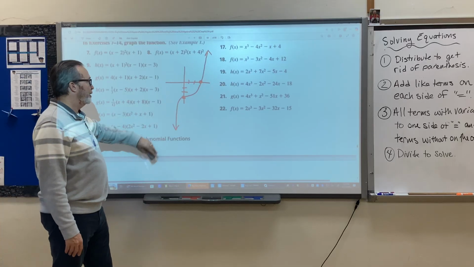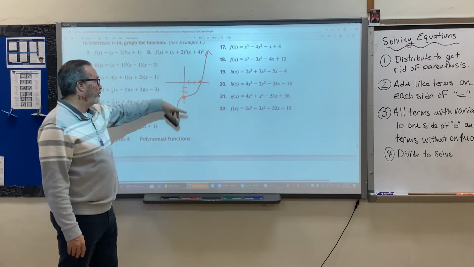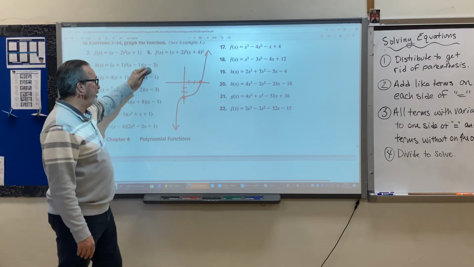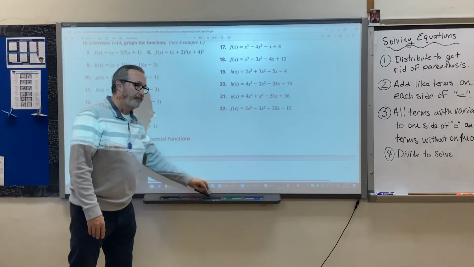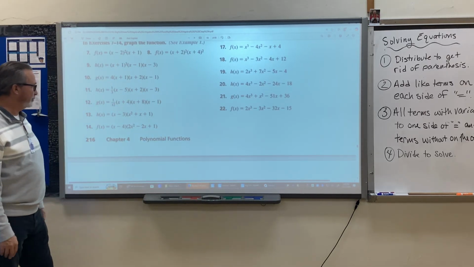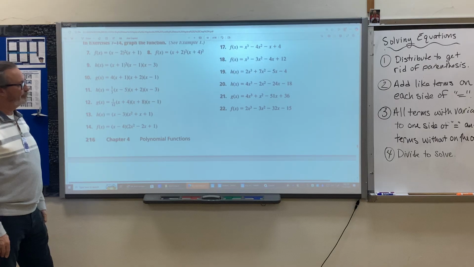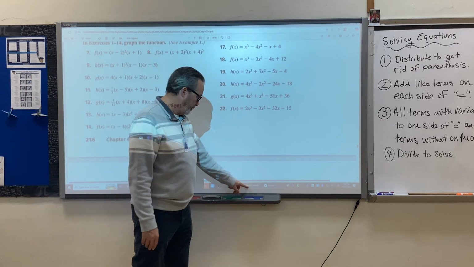Doesn't matter. As long as it crosses once, goes through the y-axis at negative 3, that's good. Any other questions? No? Okay, let's go through some more notes.